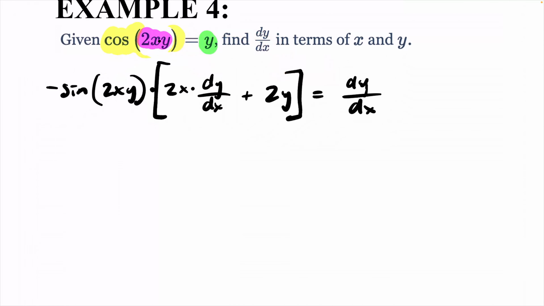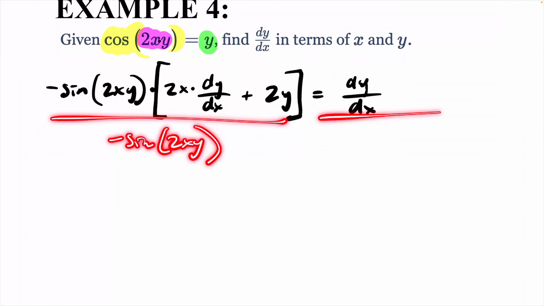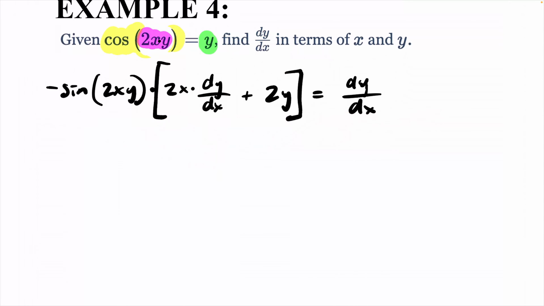Because if I divide both sides by negative sine of 2xy, that still wouldn't help me with the dy dx. Okay? So we're going to go this times this. So we get negative 2x sine 2xy.